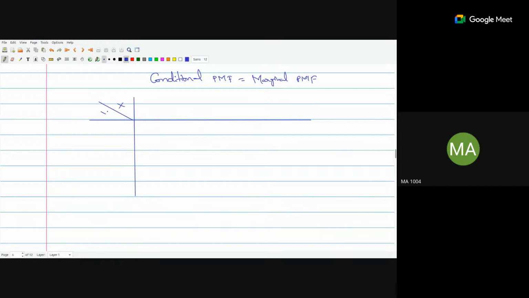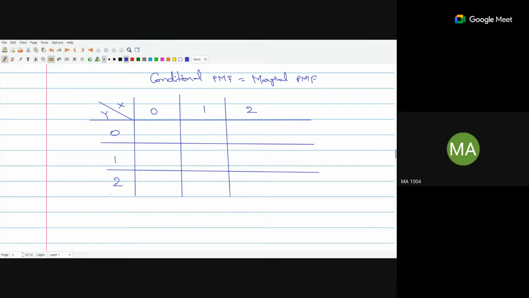So this is X, this is Y. Let X take 0, 1, 2, and Y take 0, 1, 2. If there is any unknown value sitting inside your joint PMF table, you just have to use the property of the joint PMF table: the sum of all entries should be equal to 1, and get the unknown.